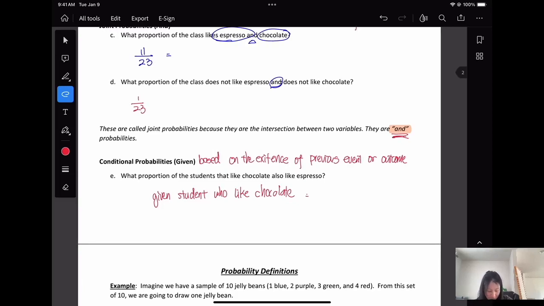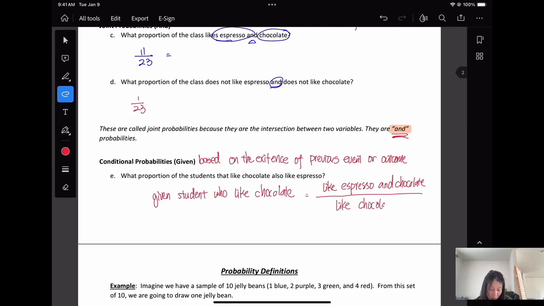This is going to be students who like espresso and chocolate, out of students who like chocolate.